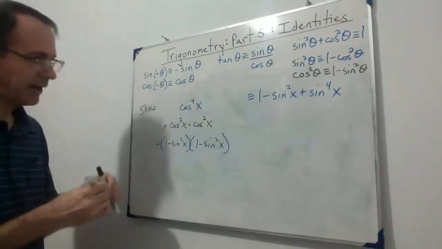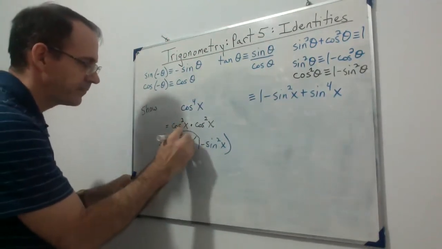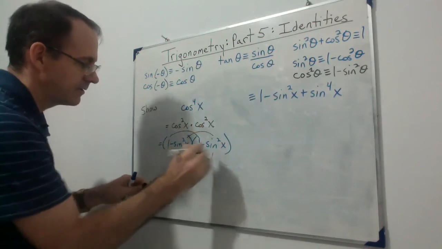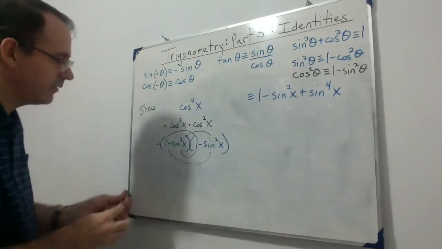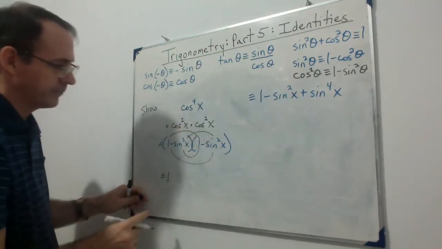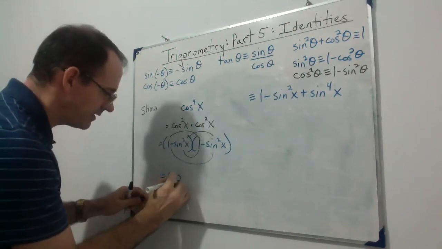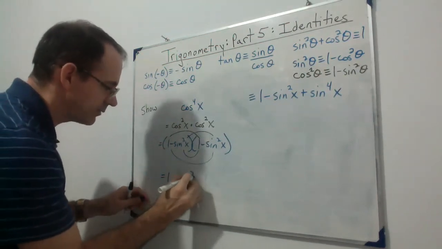Now we do our smiley face method. We've got our binomial expansion here. This one times this one. Here's our little smiley face. And what we end up with is 1 times 1 is 1. A negative sine squared and a negative sine squared is a negative 2 sine squared x.